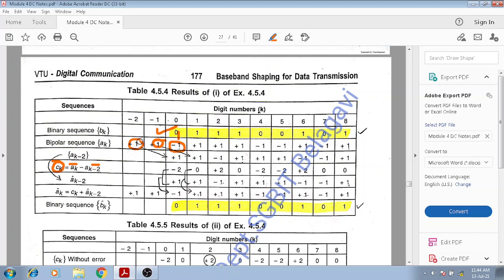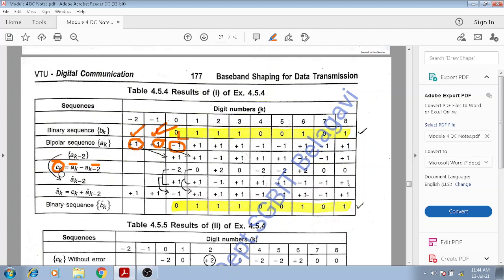So the first bit is AK minus 2 and this is AK minus 1. This is AK plus 1, AK plus 2, and so on, right? If you take the left side, you will get AK minus 1, AK minus 2, and on the right side AK plus 1, AK plus 2, like that. So this is AK minus 2, this is AK minus 1, and this is AK.